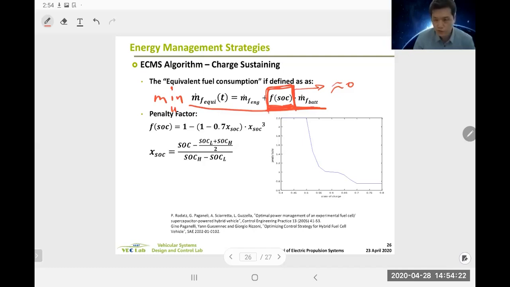So you will choose U, that's an EV mode, right? Because it doesn't cost you much. SOC drop doesn't cost you much, right? But at the same time, doing so will deplete the battery. So you will choose it because it's cheap, but that means depleting the battery, right?